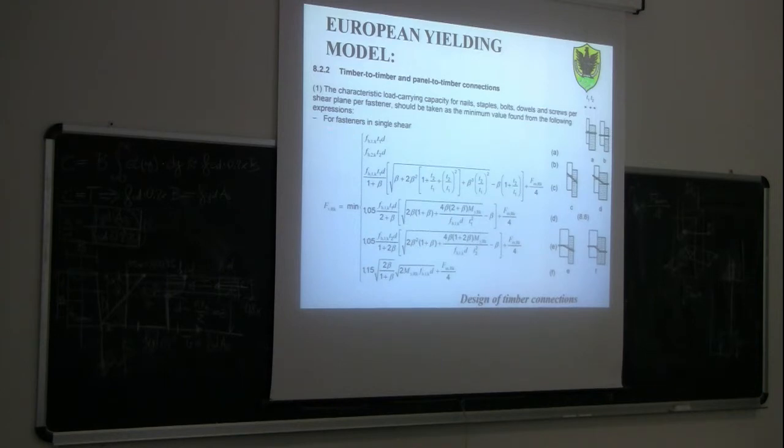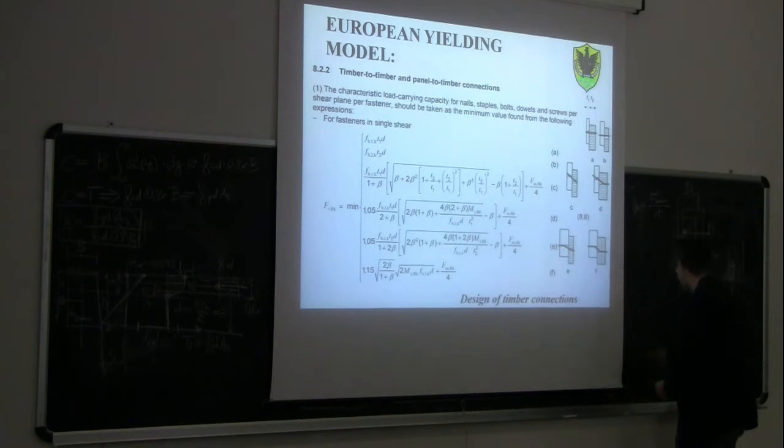For example, the first one says that we need to take the embedding strength of the first timber member, this white element here, and multiply it by the thickness and by the diameter. So this is a failure for pure embedment, like the one that we were discussing before. It's a failure where basically we have an elongation of the hole. So this is a timber member, and here we have another timber member.